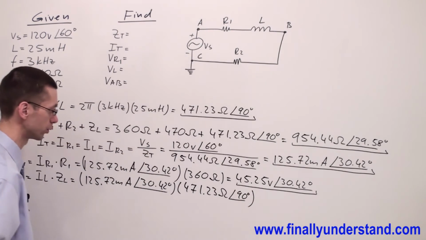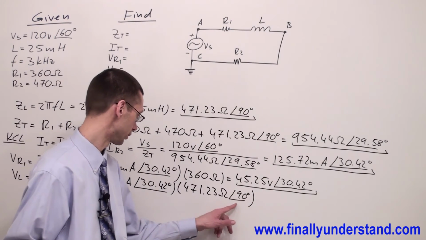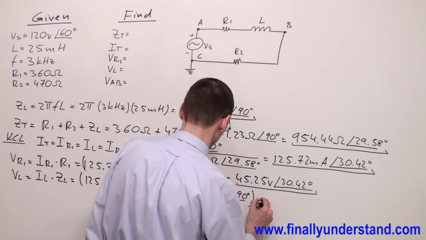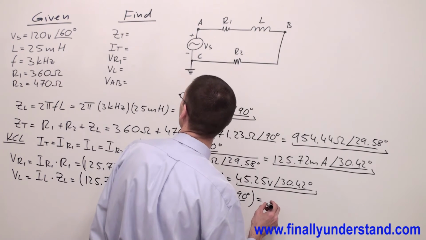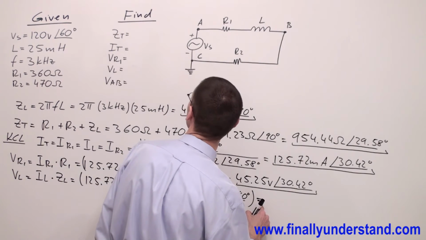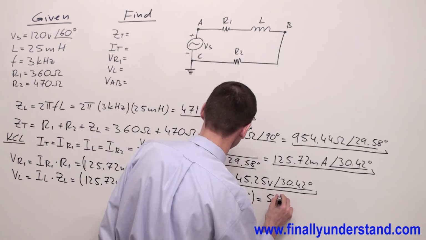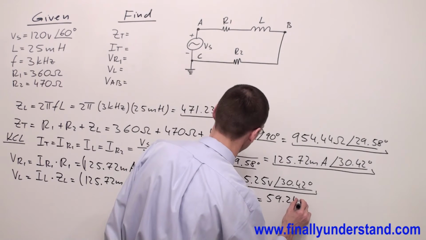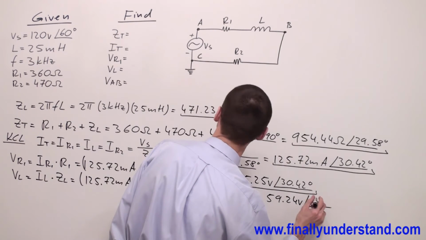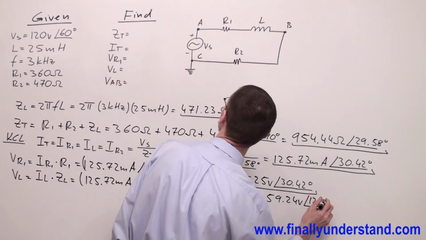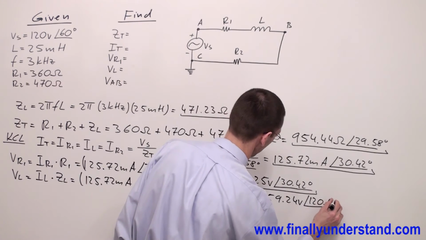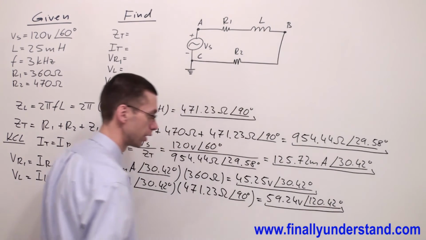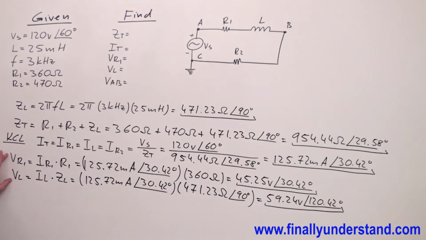ZL always goes with an angle of 90 degrees. Again, use the calculator. We will get the value VL equals 59.24 volts and angle of 120.42 degrees. This is the voltage across the inductor.